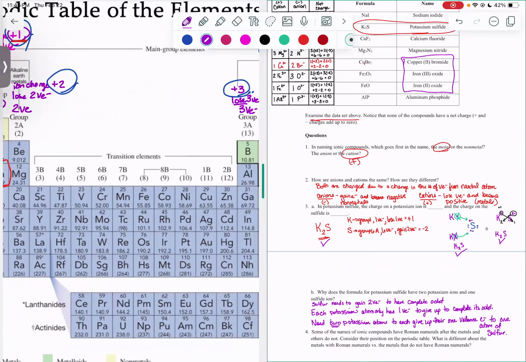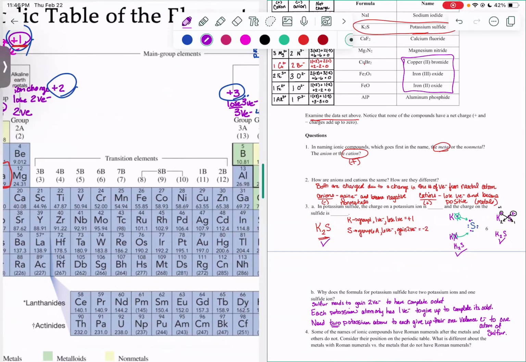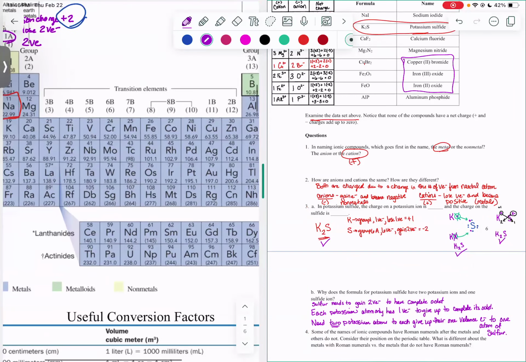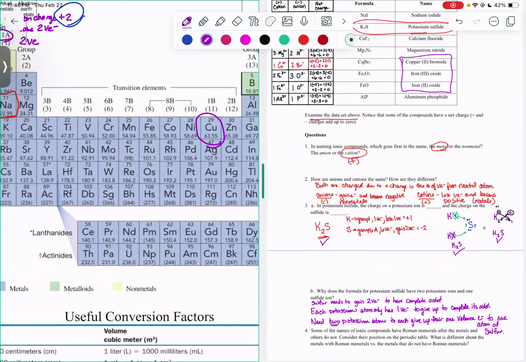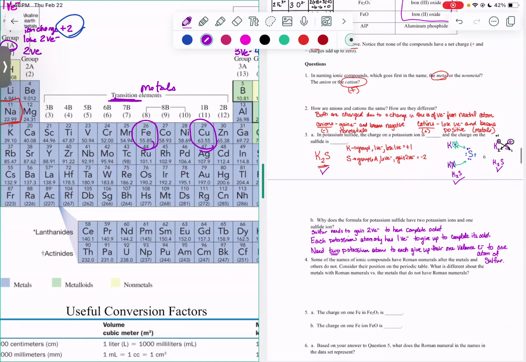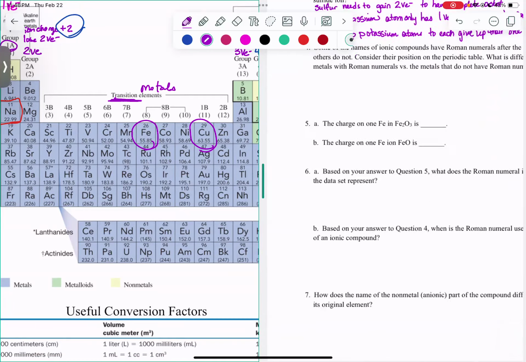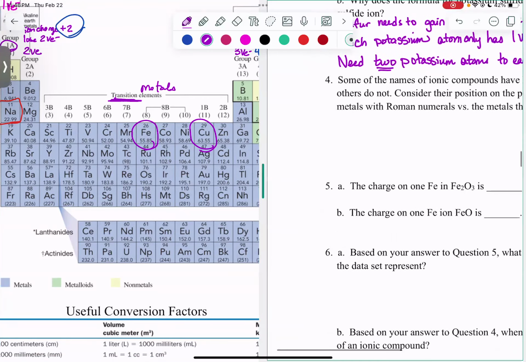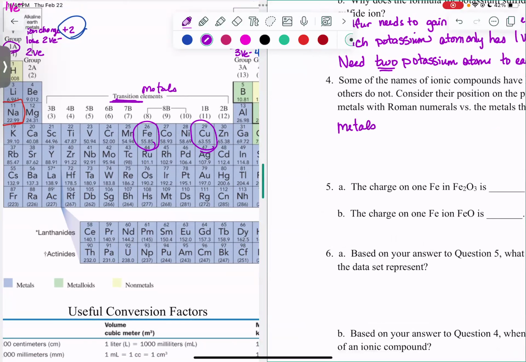If I could find my copper. You ever have those days? Whoa! Here's our copper. And we have iron, copper and iron. Where are these located on the periodic table? They're located in the transition elements, and they're really transition metals, right? And so these transition metals, we said, can have multiple charges. So any transition metals, so metals with Roman numerals are transition metals.